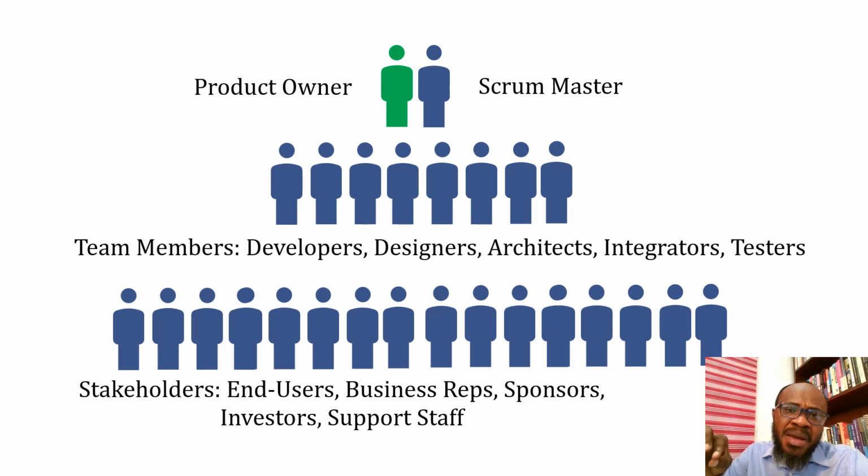He is a member of the team, but he is a representative of the customer. Now, on Agile projects, we call him the voice of the customer. This is the individual who embodies the vision of the project, because the product owner is actually identified when we are creating the project vision.